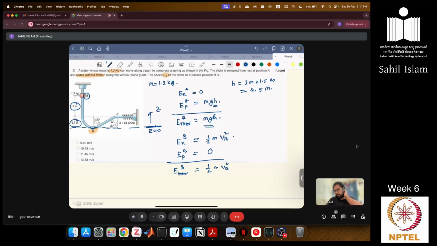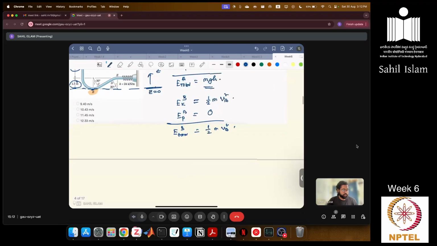Now this was done without any influence of external force except gravity, and it slides without friction, there is no air resistance, so the energy should be conserved. So E total at A should be equal to E total at B, which implies half m vb square equals mgh.